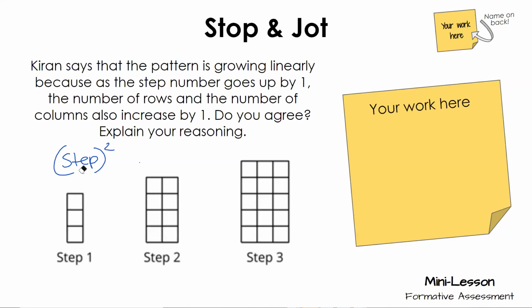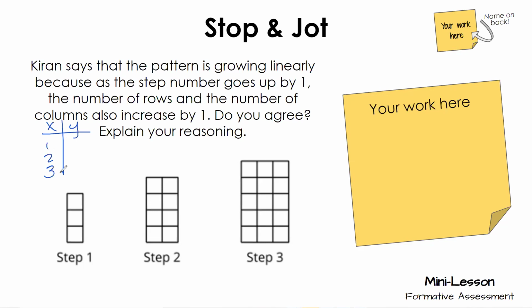We know it's going to be step squared, right? So if we take the step number, that's 1. 1 squared is 1. How much do we need? 2. So we could plus 2, right? What if we tried that? On here, what we said was we know that it's going to be squared. Remember our little table that we made?